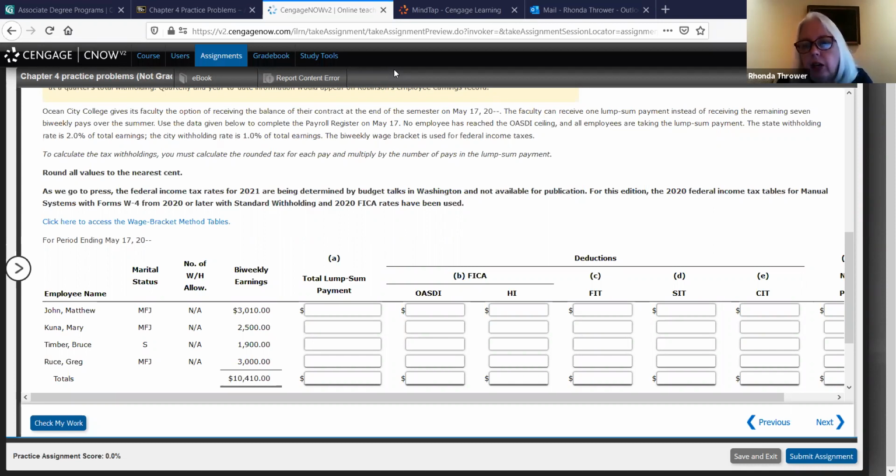That's how you get $186.62. Once you have the amount of tax for one pay period, multiply it by 7 pay periods. The total amount of tax that would be withheld is $1,306.34 for OASDI. So just multiply these two together to get this amount here.